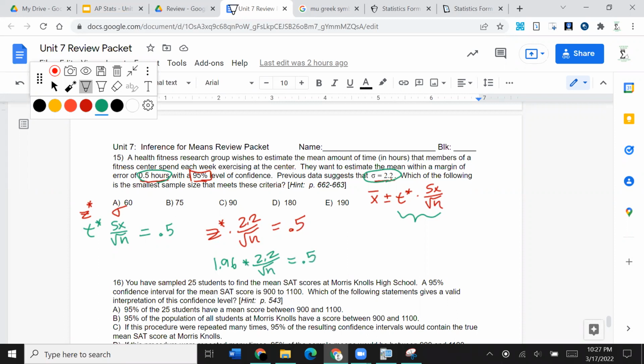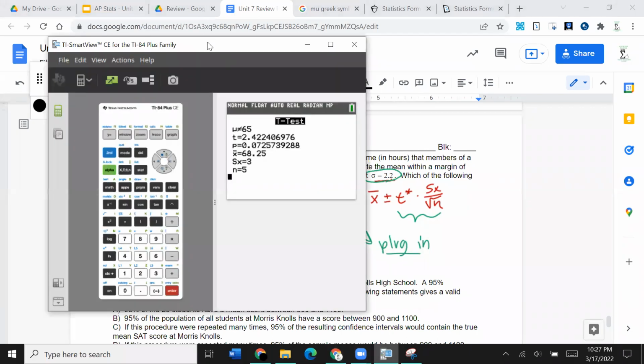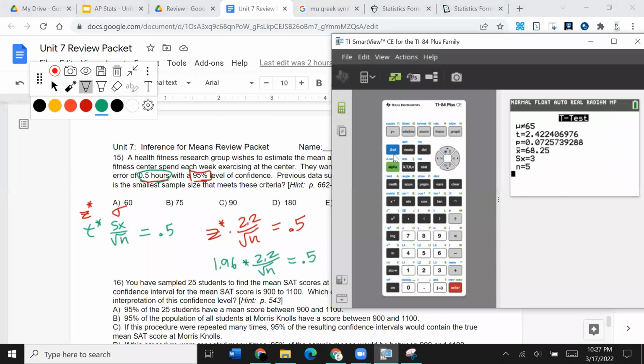And I'm going to get kind of lazy here, and I'm just going to plug in my answer choices until I get the one that's closest. So I'll start smallest to largest and work my way in there. Let's start with 60. So 1.96 times 2.2 divided by the square root of 60.